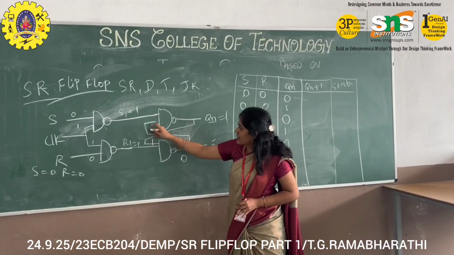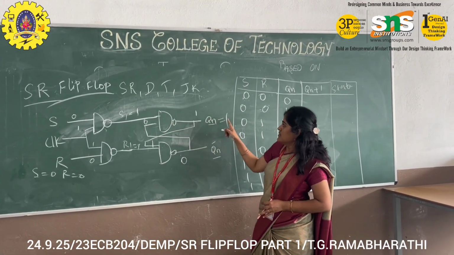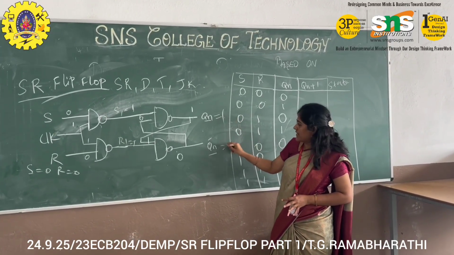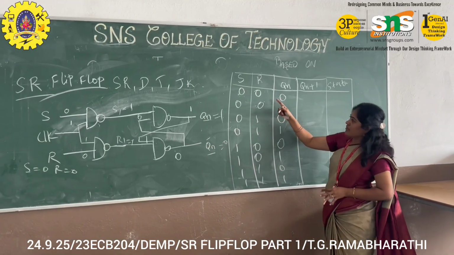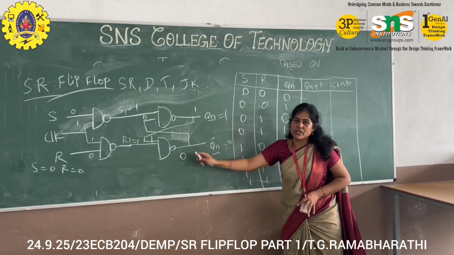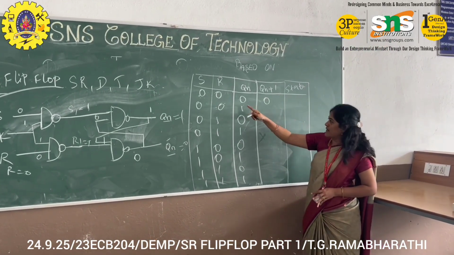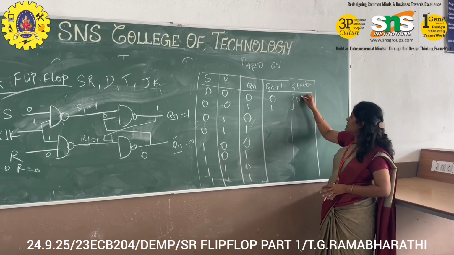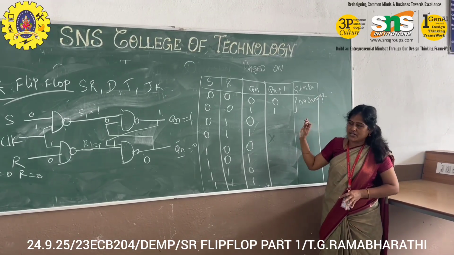Then this 0 is given here with 1, and the output is 1. Already we initialized Qn as 1, so Qn bar is automatically 0. We got the output 1 and 0. What does it mean? It is the no change condition: 1 stays 1 and 0 stays 0. Present state 0 means next state also 0, and present state 1 means next state also 1. So this is called the no change condition.